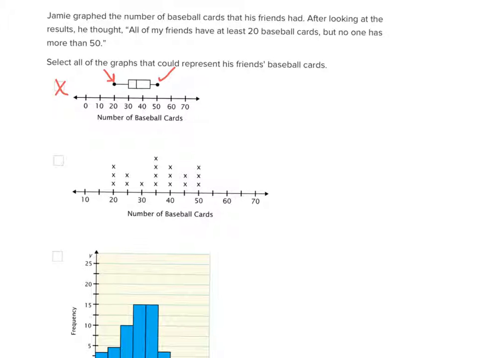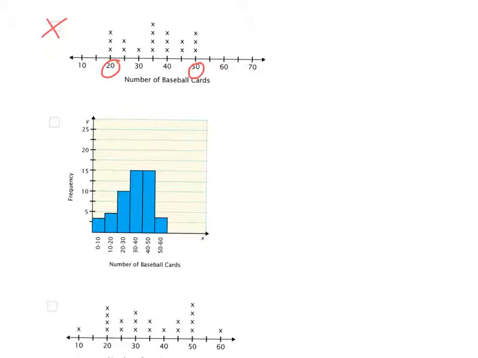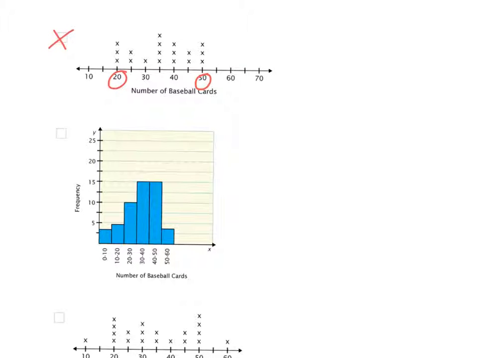All right. This one's from 20 to 50. There's nothing less than 20 and nothing more than 50. Okay. This one is not from 20 to 50. These ones here are from 20 to 30, 30 to 40, 40 to 50.